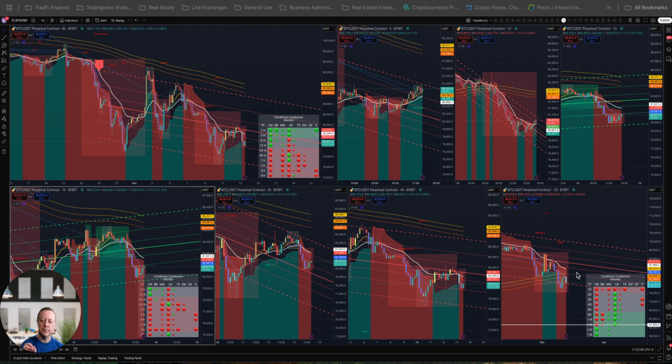So these particular new assets that we've added are to avoid doing dumb things and to help identify even more confluence for doing the right thing, making sure you're not going against the grain, making sure you have perspective for what's going on in any different time frame that you want. And that's why we allow three, like I think our favorite is to have 3 different groupings in the flex charts, right?